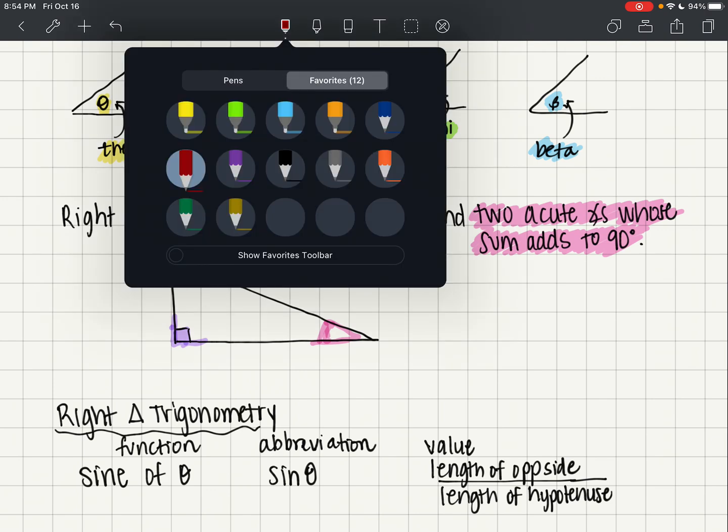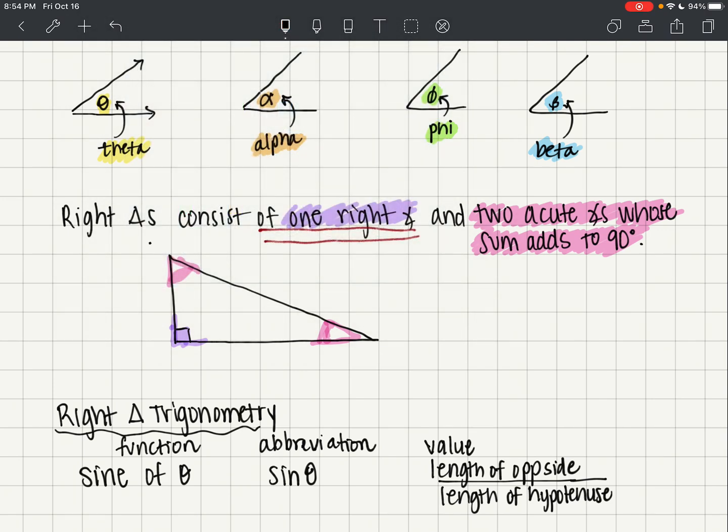Now, when we talk about these right triangles, we're going to name the angles with capital letters. So I'll name the acute angles A and B, and the right angle C, and then the sides are labeled with lowercase letters.